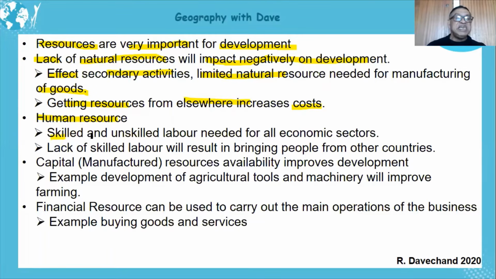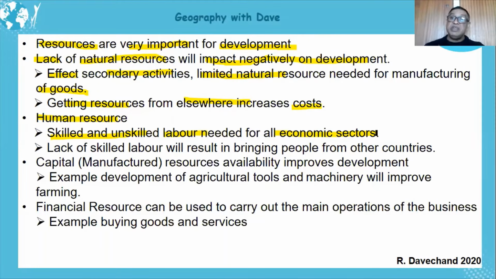You need skilled and unskilled labor for all economic sectors, whether it's the primary, where you're doing the agriculture, or the secondary, where you need unskilled people to work on the floors, etc. Plus, you need skill to handle the machinery. And then in the tertiary sector, the services, the professionals involved in the services, and even the quaternary sector.